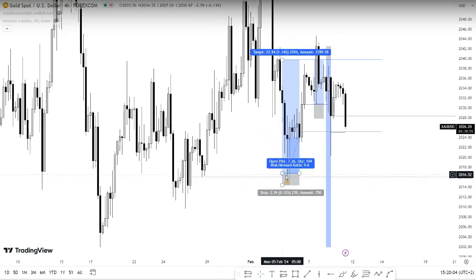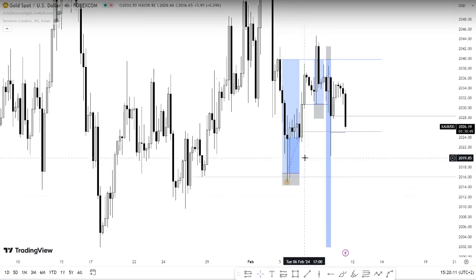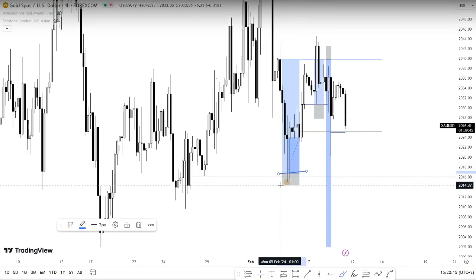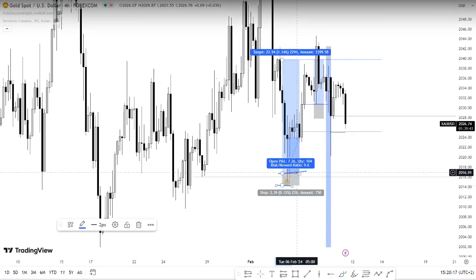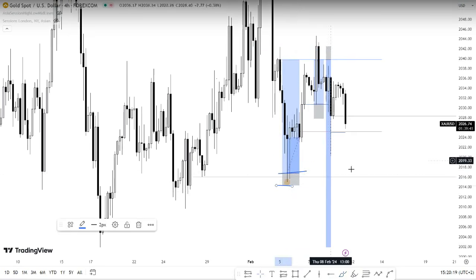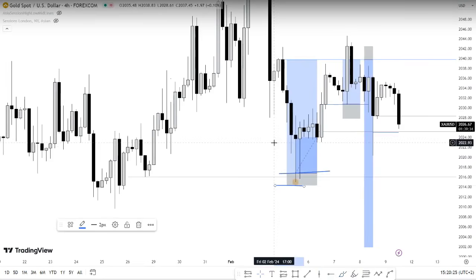Then my entry obviously has to be 30 pips from where I'm looking to see price reject. So it was around here, and then a 30 pip stop loss, 30 or more. Then entry like that, and then you just let it shoot towards your take profit. That's the easiest way for me to answer.